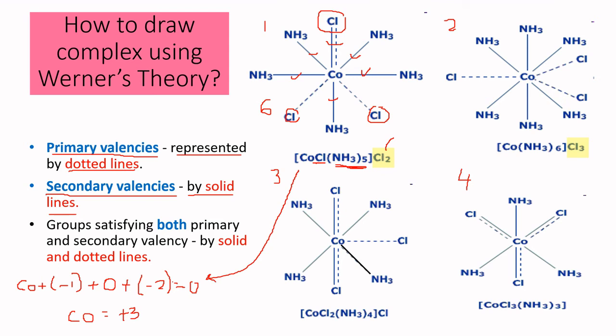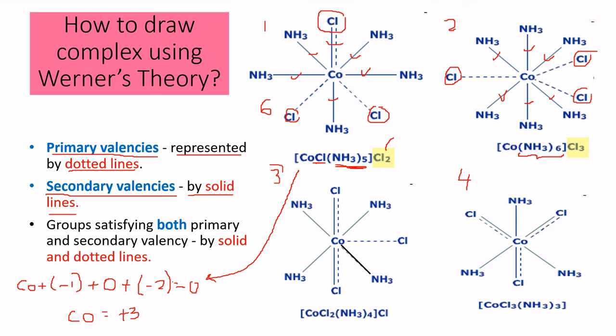If we look at example number 2, you can see that the coordination number of this complex is 1, 2, 3, 4, 5, 6. So there are 6 ligands inside the square bracket. And now if you look at the chlorine here, all chlorines are connected by dotted lines, meaning they only satisfy the primary valency. So all of them are outside of the coordination sphere.